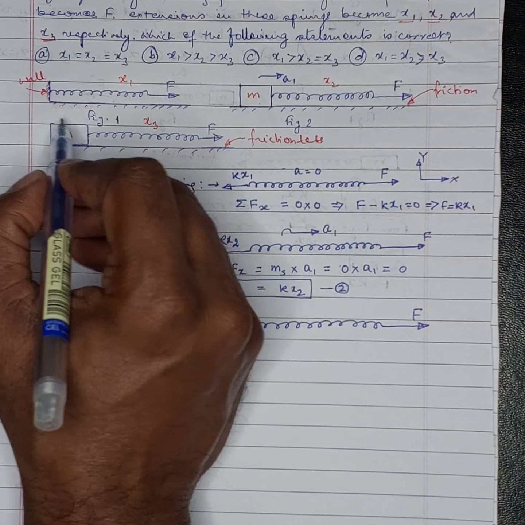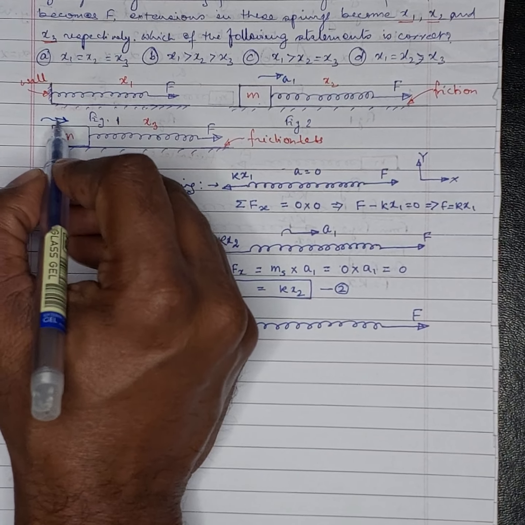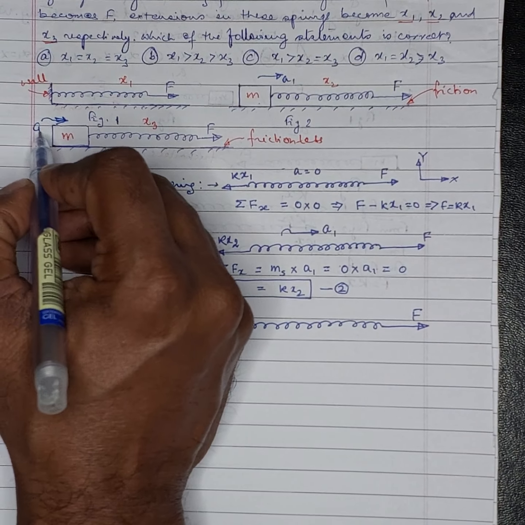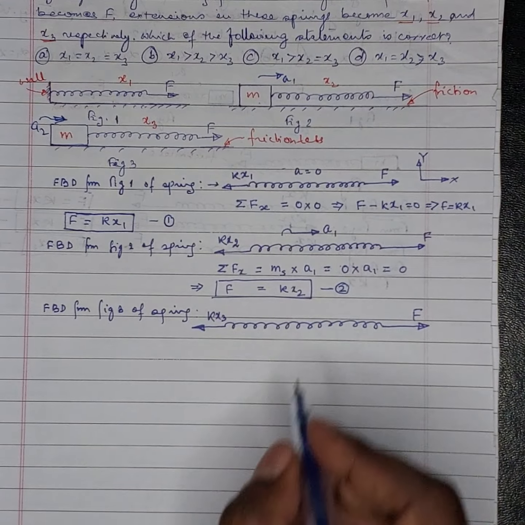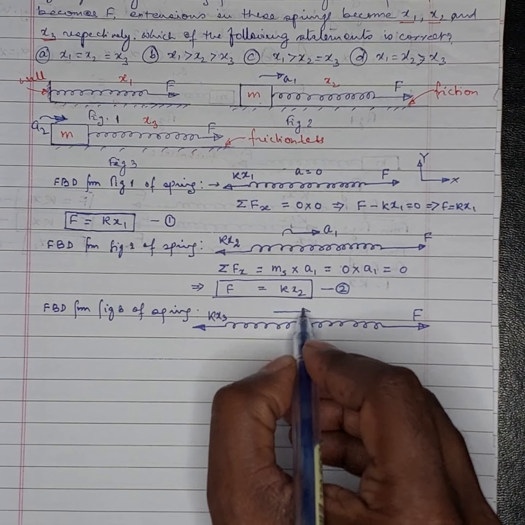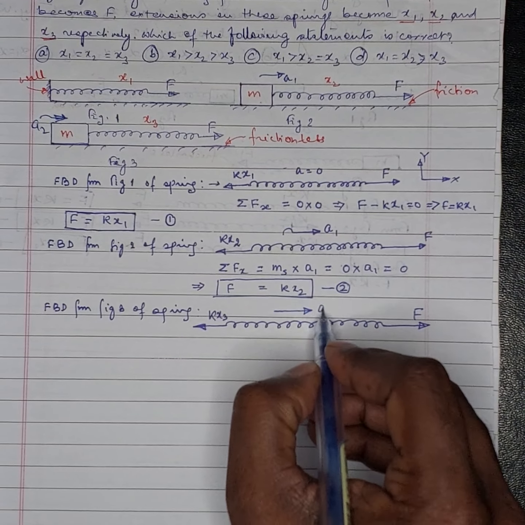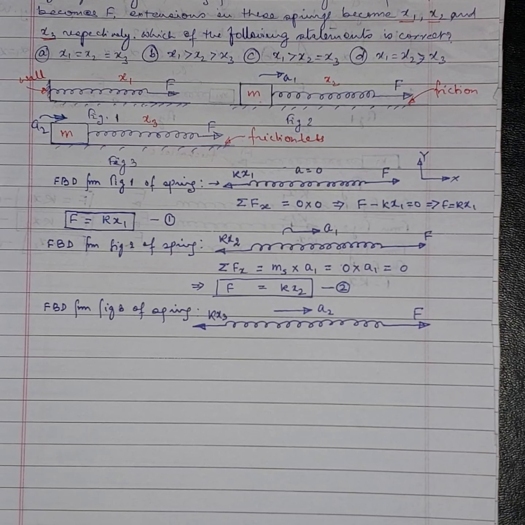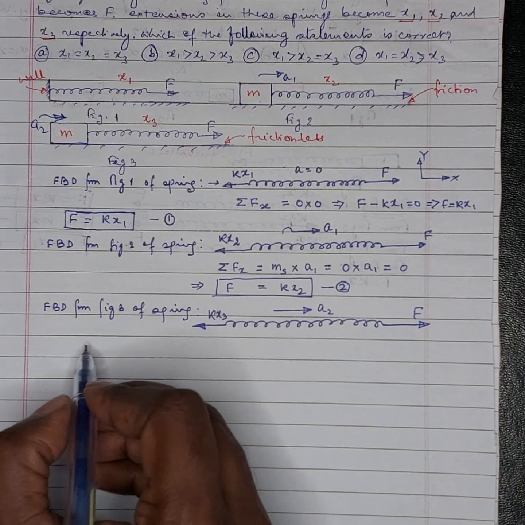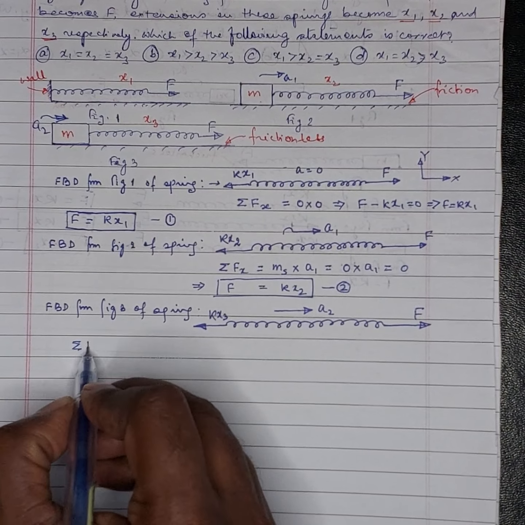Let us assume that this mass started moving with acceleration a2 in the x direction. So this spring was also moving with a2. Again we write the force equation.